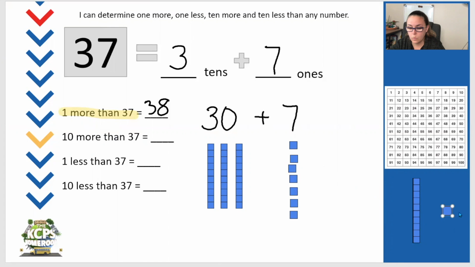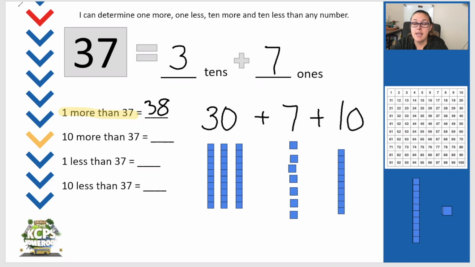So we added a 1's unit square to get 1 more than. Let's add a 10's rod to get 10 more than. So now we have 30 plus 7 plus 10 gets us to 10 more than 37. Well, what's 30 plus 10? That's right, you know 3 plus 1 equals 4.